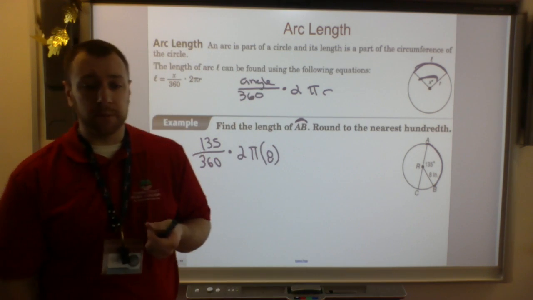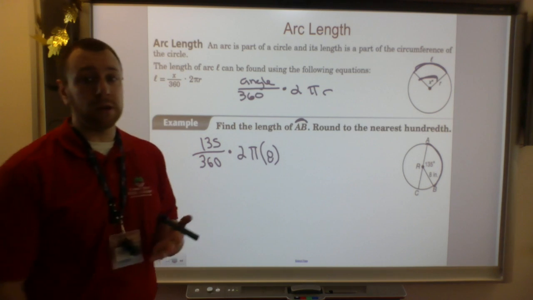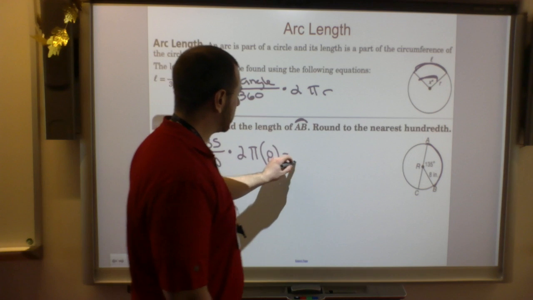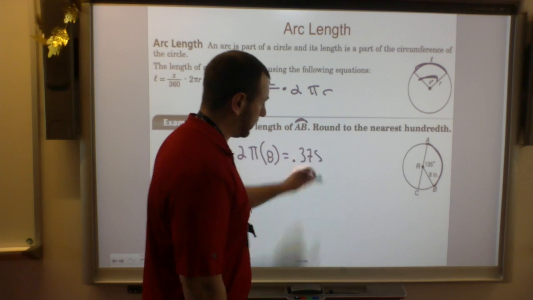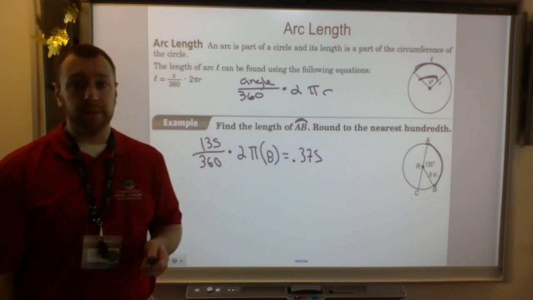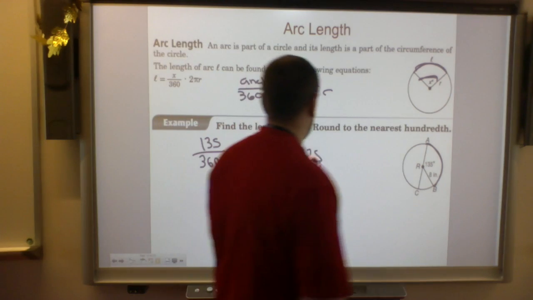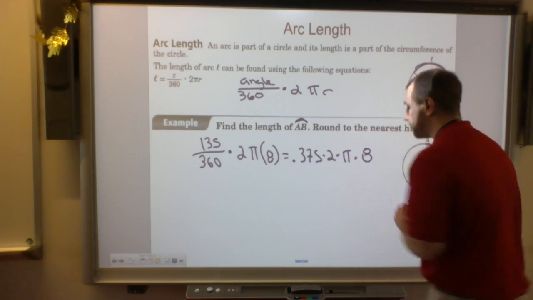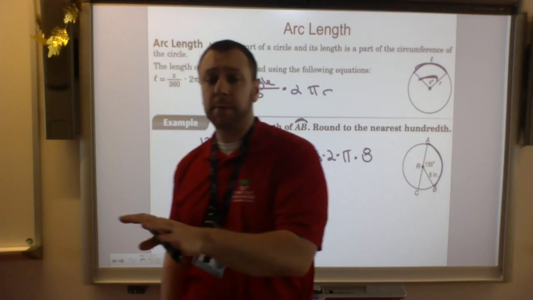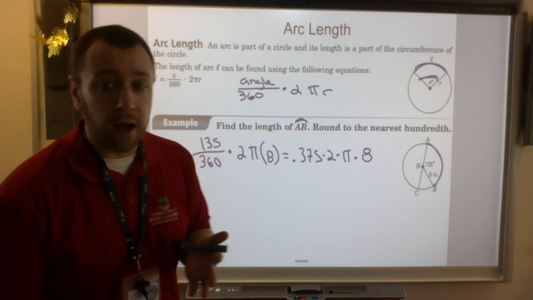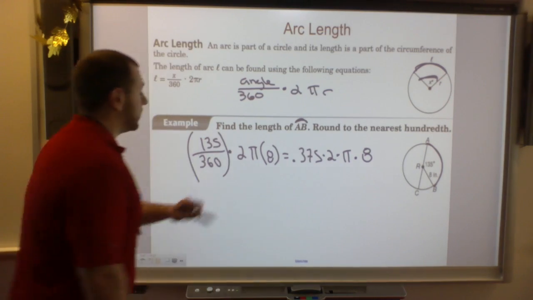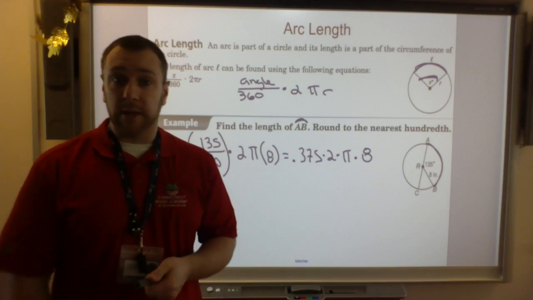So the first thing I'm going to do is 135 divided by 360. And that's going to come out as a decimal, 0.375. Then I'm just going to multiply by 2 pi and then 8. I can just keep that all in my calculator. If you want to plug it right into the calculator right away, you just have to make sure you have parentheses around that.